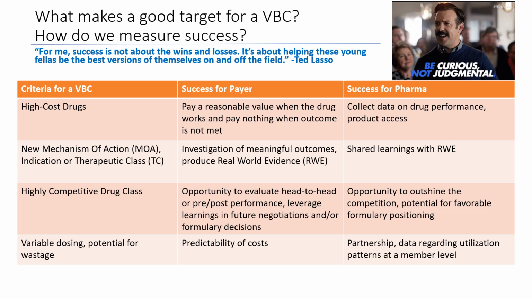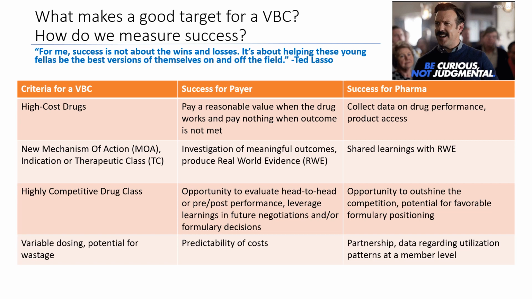So when this drug is launched, it will have a label for certain folks, but sometimes it gets used more broadly. And we need to understand how it is actually performing in the real world as opposed to that well-controlled clinical trial population. And so value-based contracts can be a good way to collect data on that in the real world.